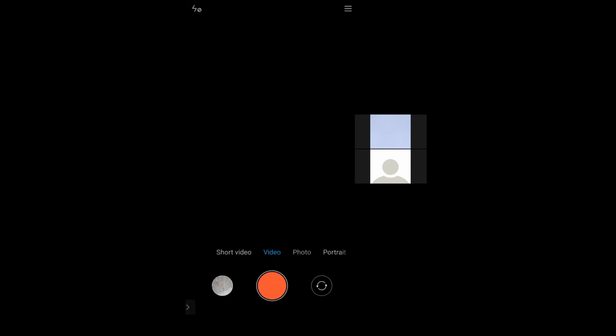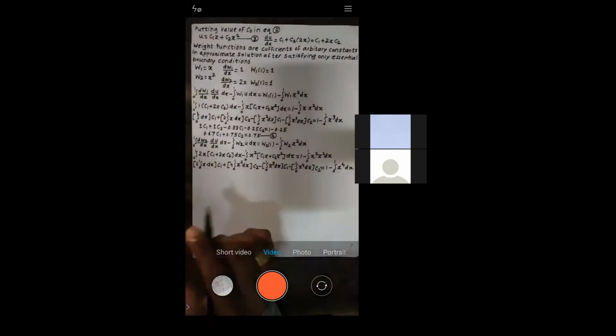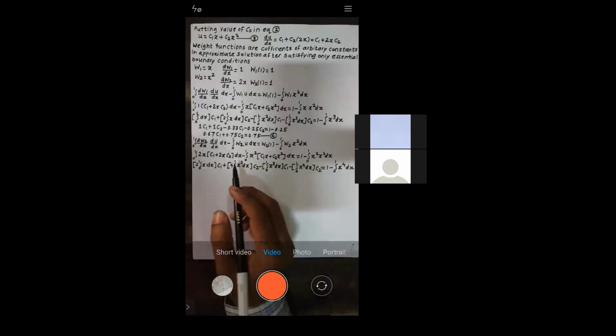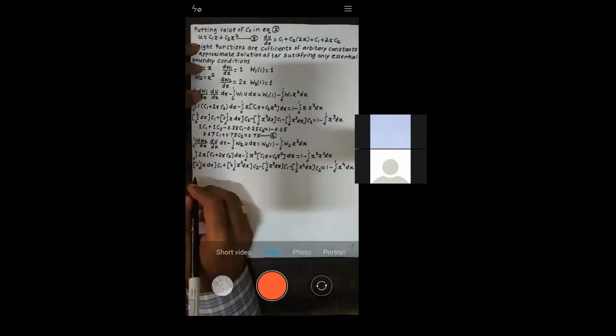Just check it. See, it's x, so its integration becomes x square by 2, perfect. 1. So this is 1 c1.